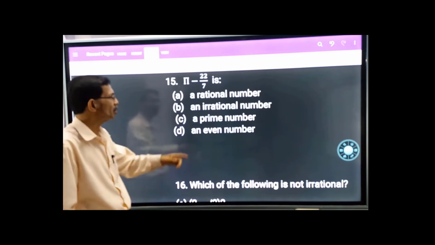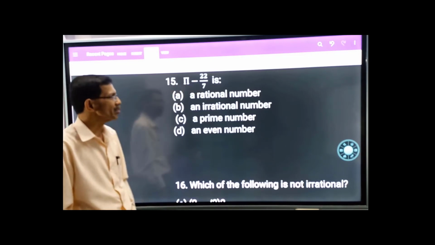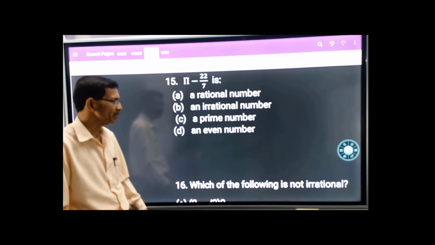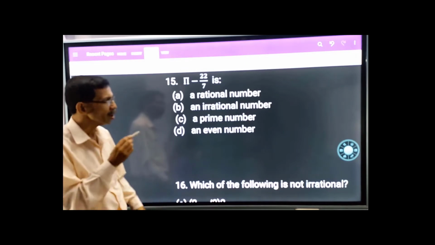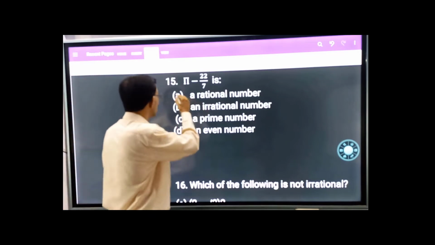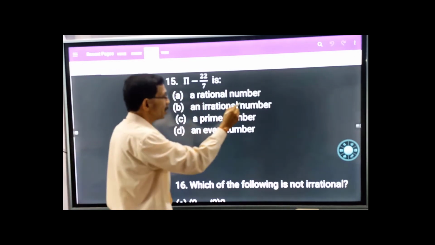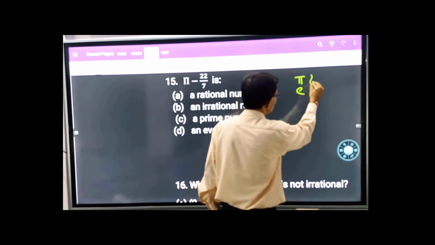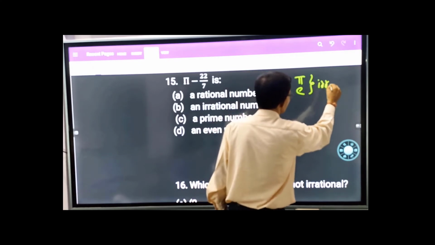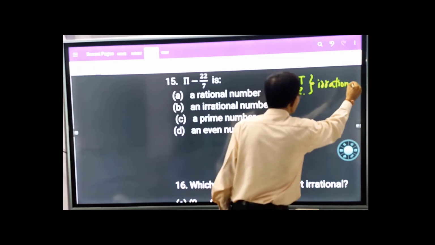Question number 15. Pi minus 22 upon 7 is rational, irrational, prime number or even number. Now first of all, you should remember in this chapter that numbers like pi, e, these are irrational numbers. And which are irrational numbers?